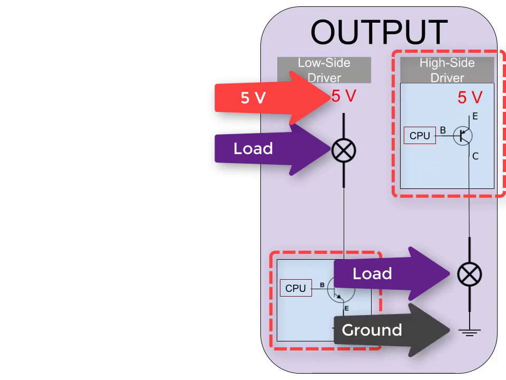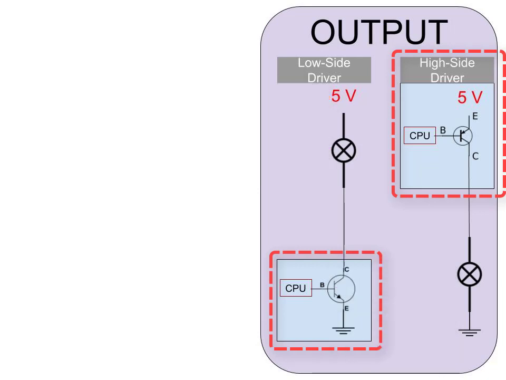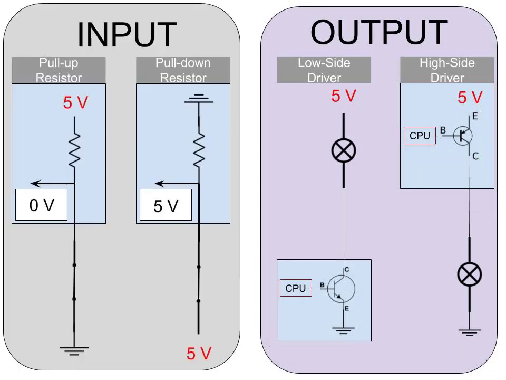And in the other example, the high side driver, I'm providing a ground to the load. The transistor that is internal to the computer is turned on by the CPU. So the CPU receives a signal, probably from a switch, and then the transistor is turned on or off.